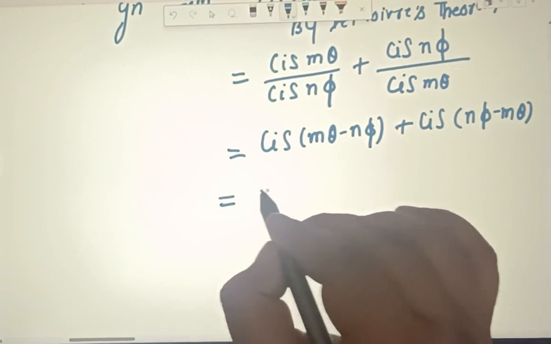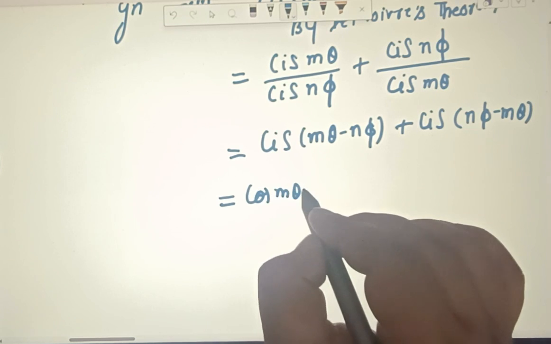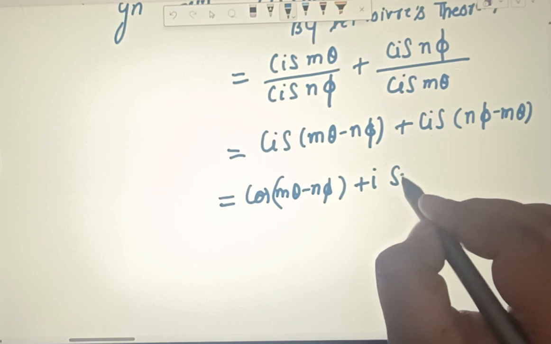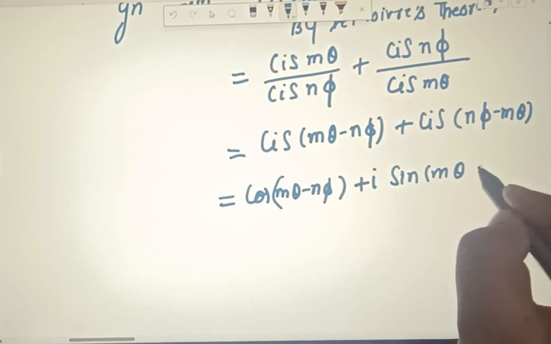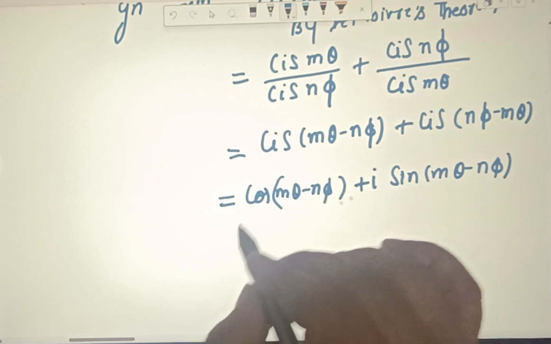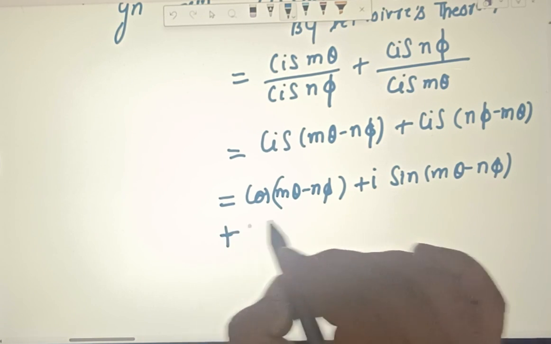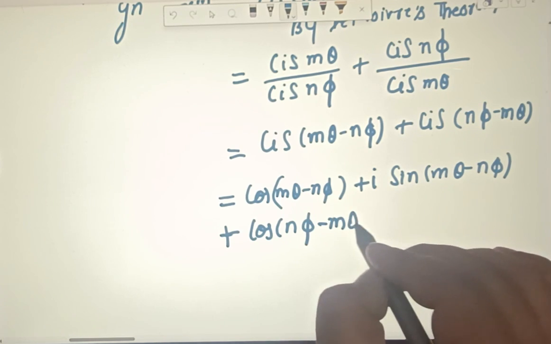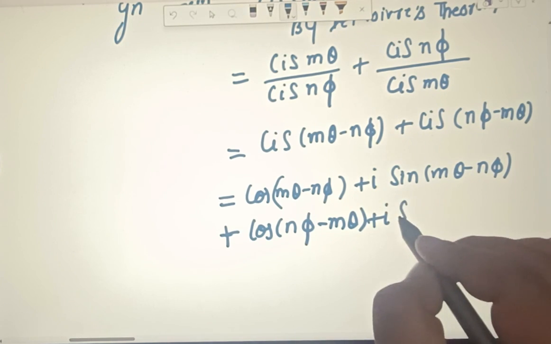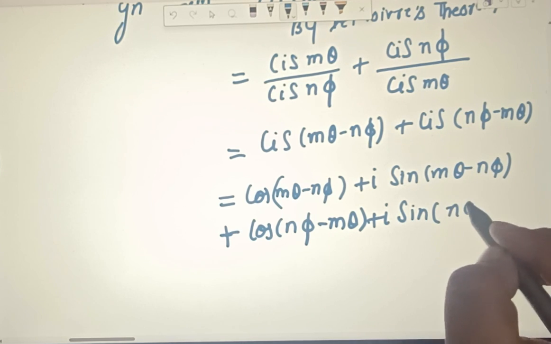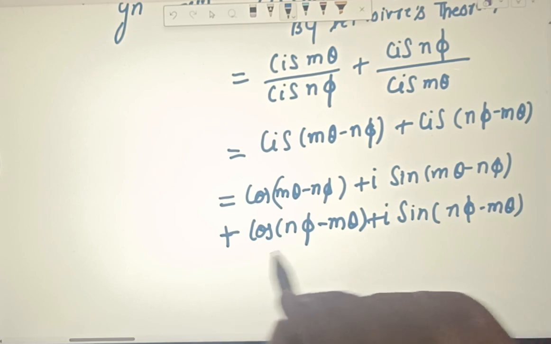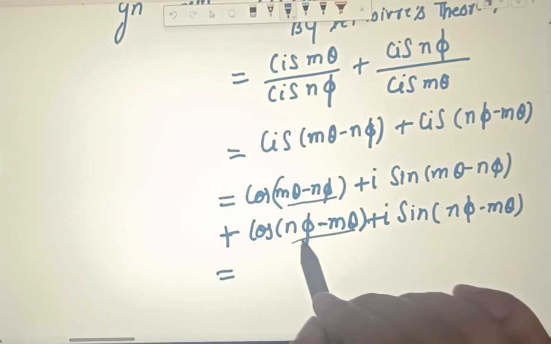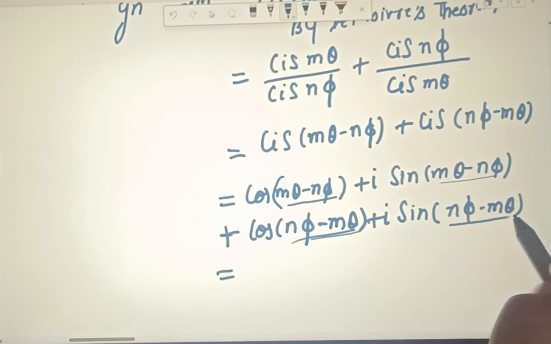So if I write this, cos(m theta minus n phi) plus iota sine(m theta minus n phi), right? And similarly I will say here plus cos(n phi minus m theta) and then plus iota sine(n phi minus m theta), right? So I can take minus outside, because you see the angles have a difference in both, okay.